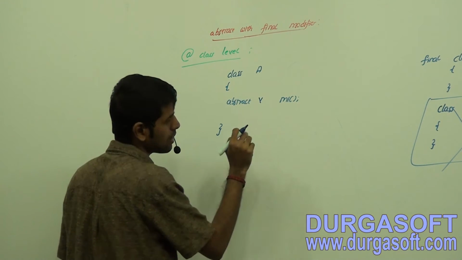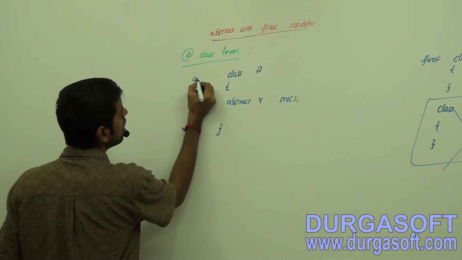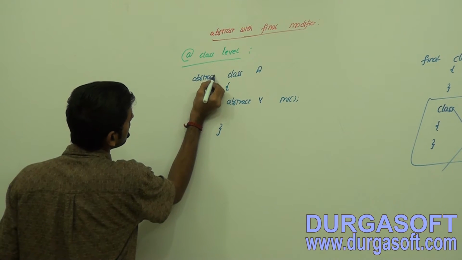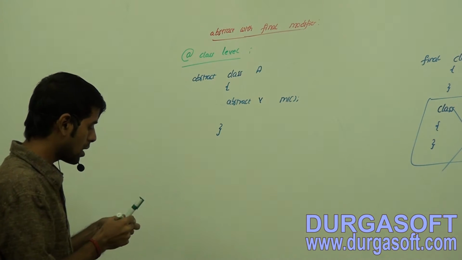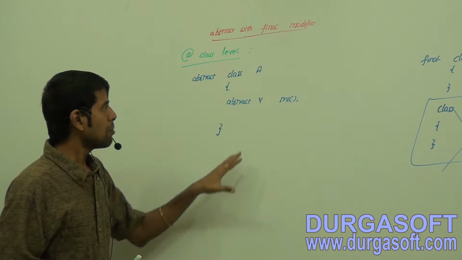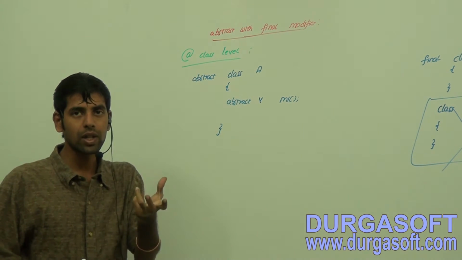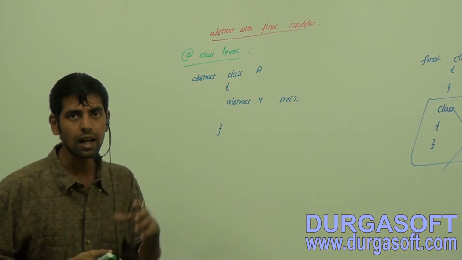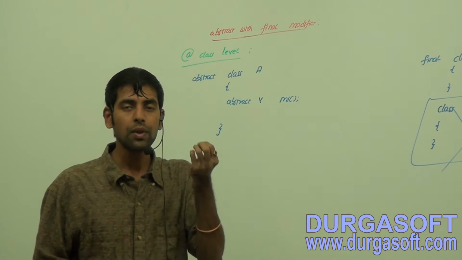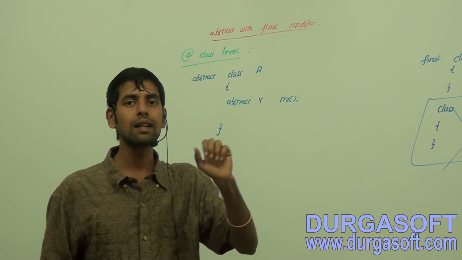If there is one abstract method, declare that class as abstract. Now by writing this method as abstract within the abstract class, what information are you giving to other classes?